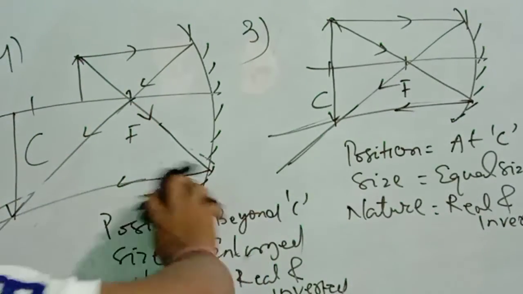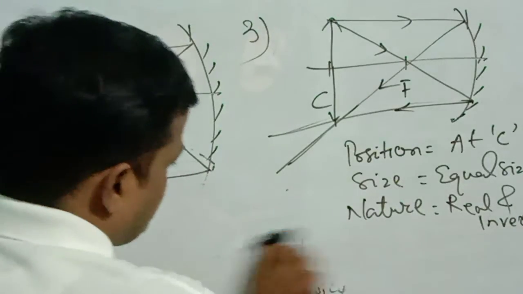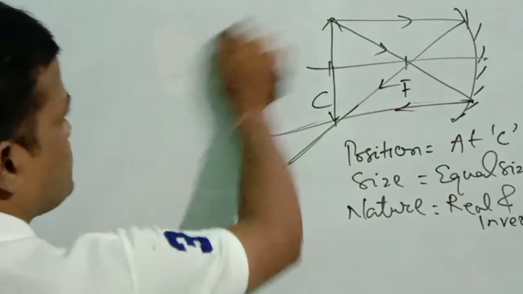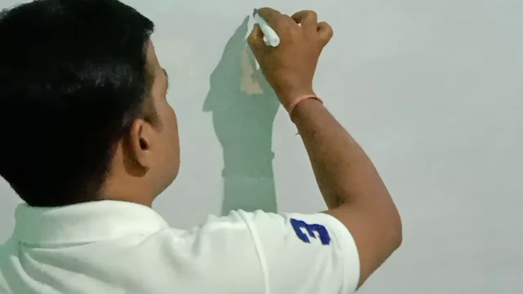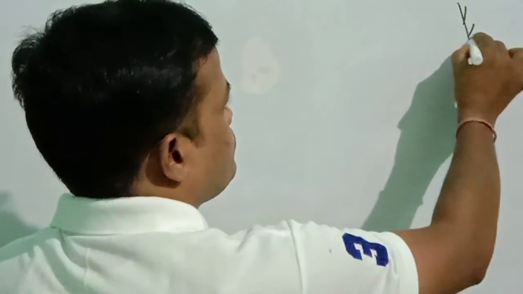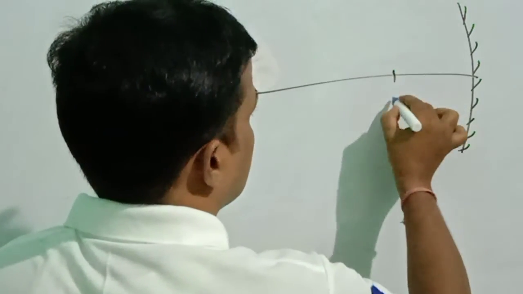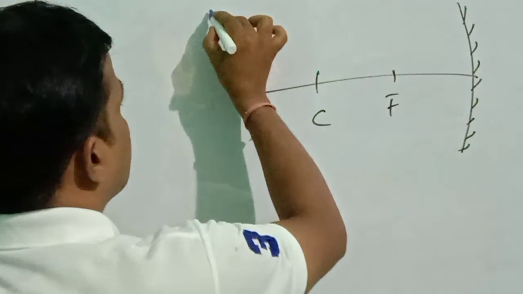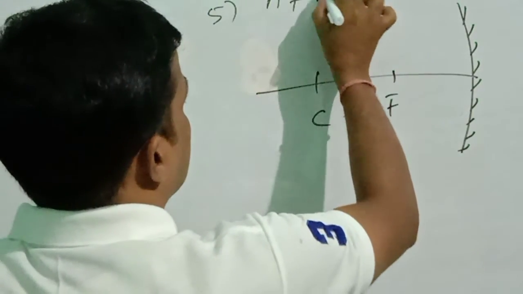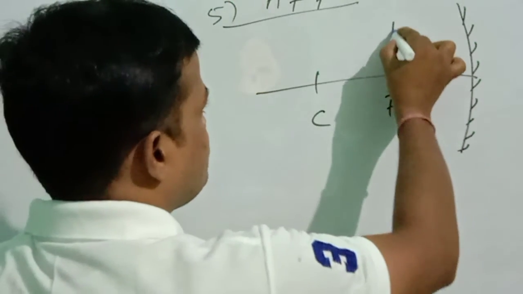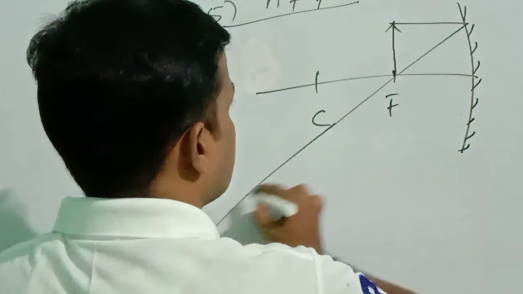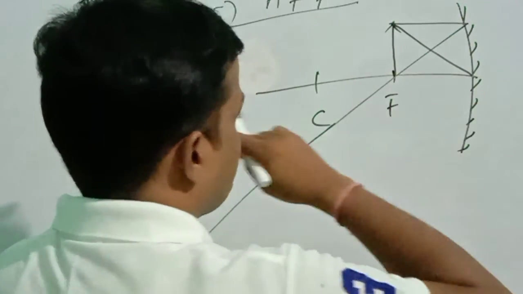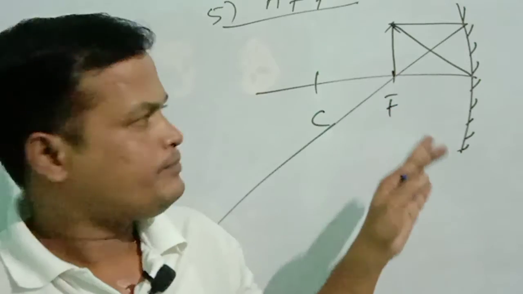Number 5, at focus. When the object is at focus, what happens? Let us draw the rays.